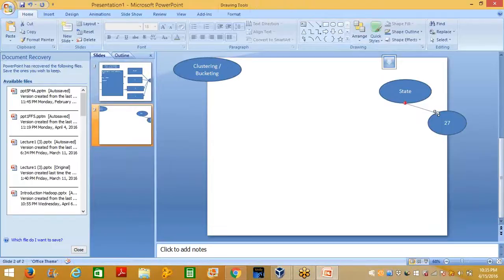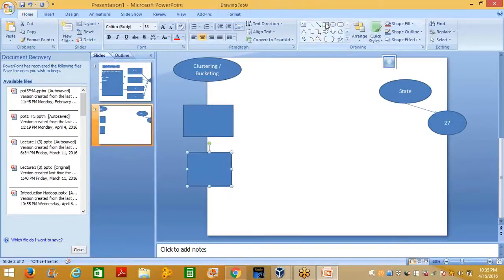I don't want to create that many, 27 buckets, in order to put this data here. 29, okay. I really don't want to create those 27 or 29 buckets. What I want is fixed partitions, fixed buckets.